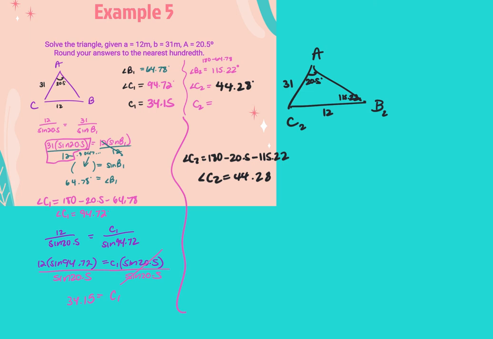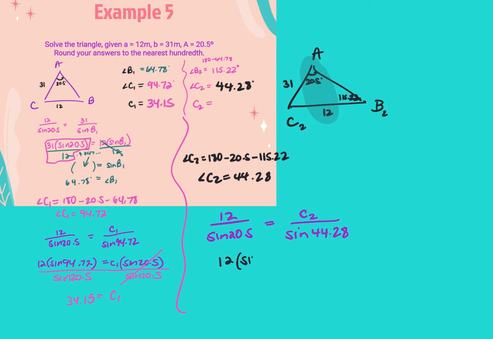And then you just have to find the last part of the second triangle, which is side C2. So I still use A because that's my complete ratio and that's what was given to me, so it's the safest. 12 over the sine of 20.5 equals, I'm looking for C2, so side C2 over the sine of angle C2, 44.28.